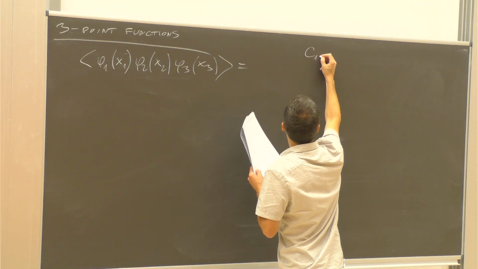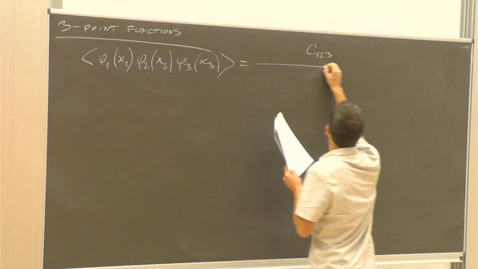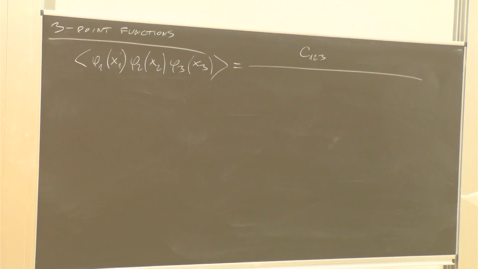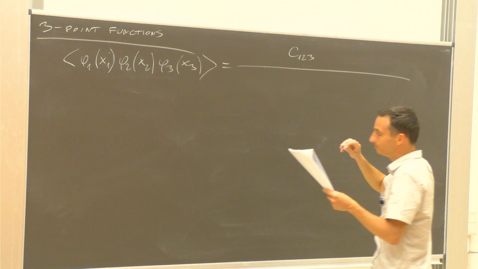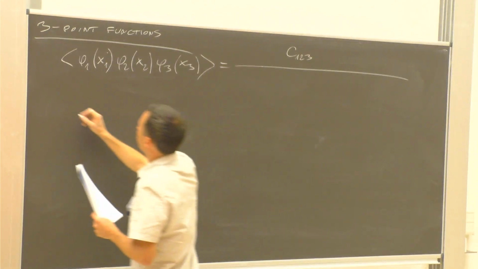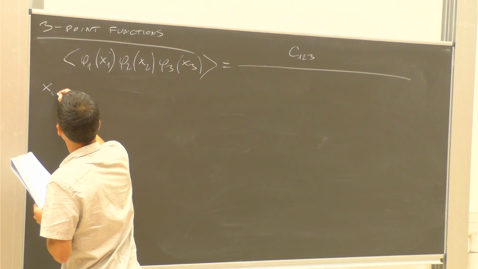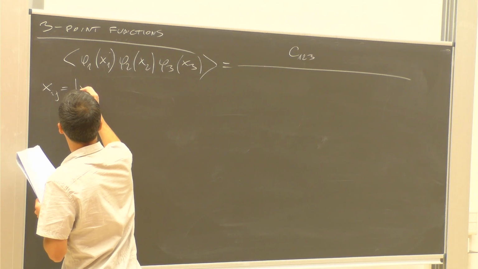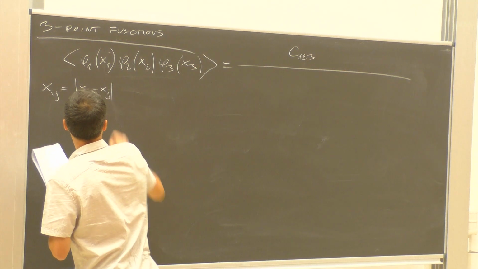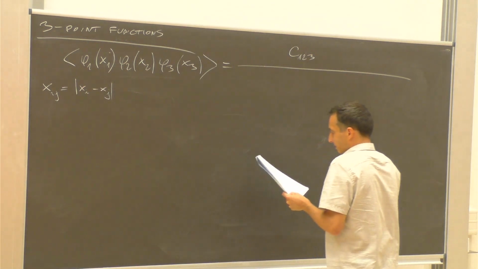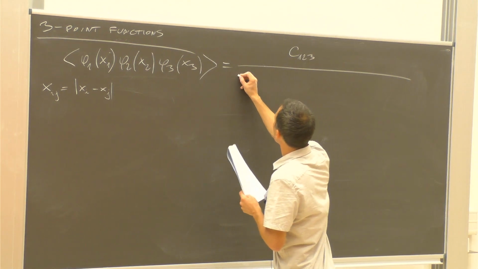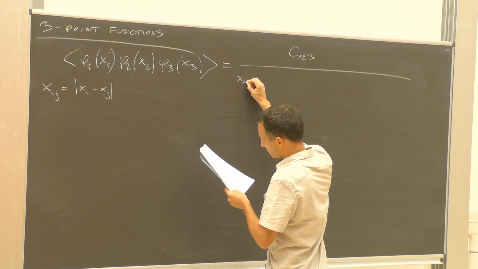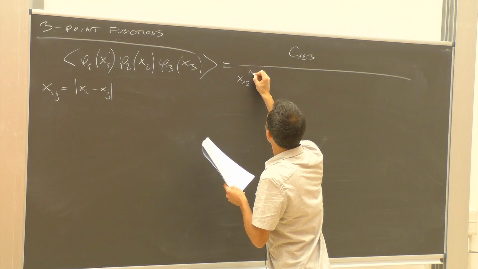Here are some constants, which, we will see why, are also referred to as structure constants. If I denote by xij this quantity, then these 3-point functions must take the following form.